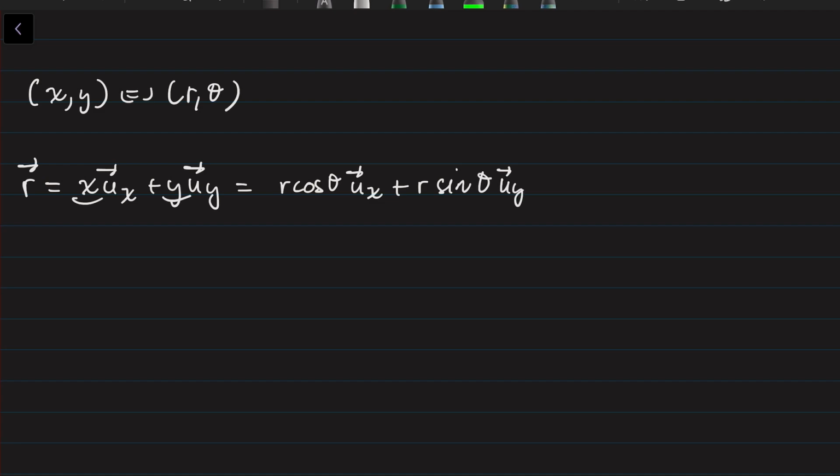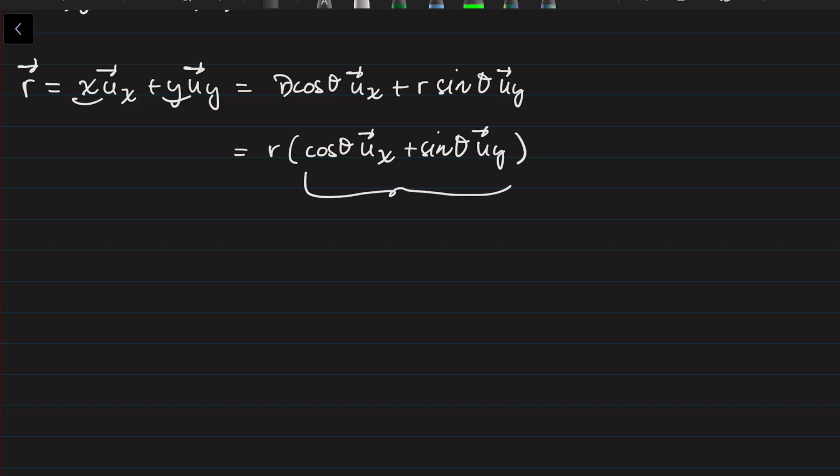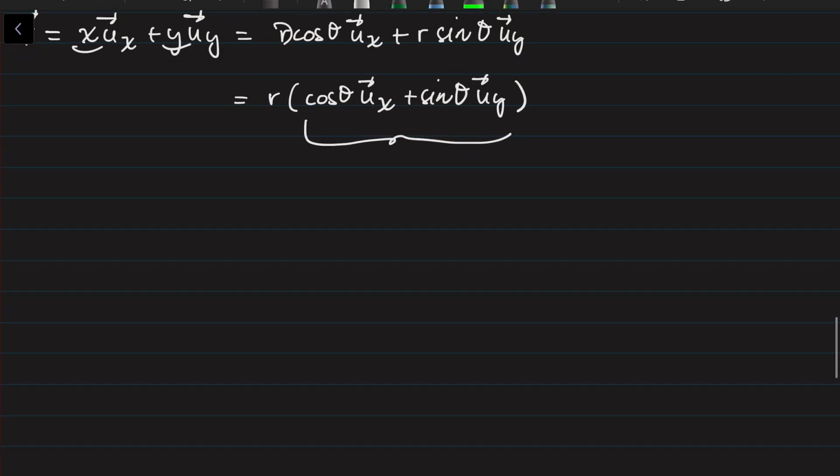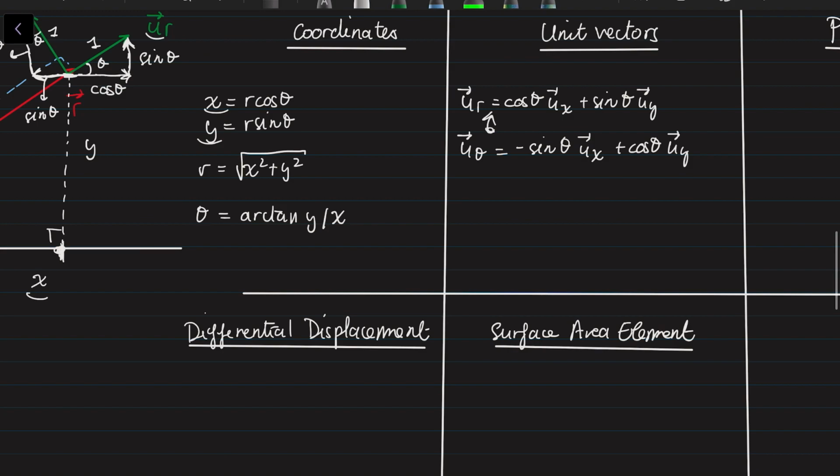So what I can do now is factor this r outside, which is going to give me r times cosine theta u_x plus sine theta u_y. And you may notice that the term in the brackets is just the unit r vector we defined previously. So this is our u_r. Let me just show it to you again: u_r is cosine theta u_x plus sine theta u_y.